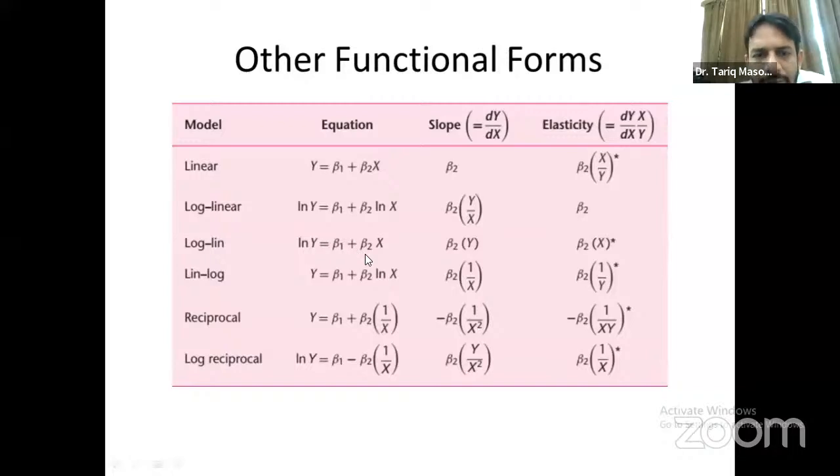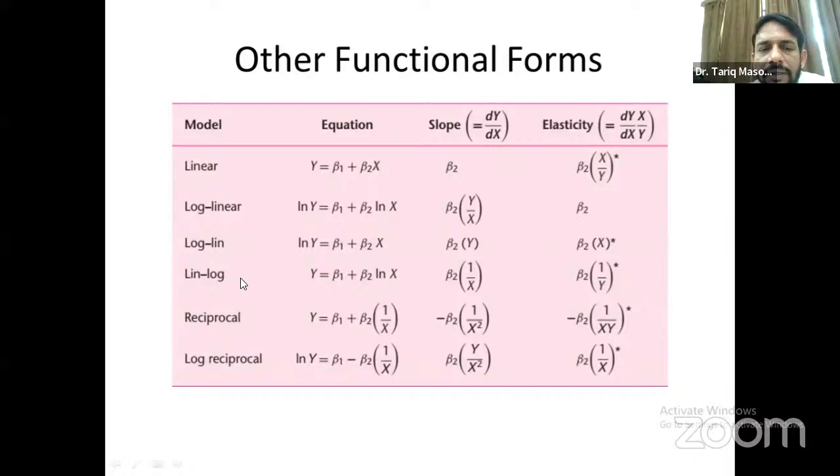Now in this case, the interpretation is, when there is a 1 unit change in x, we are using unit because there is no logarithmic transformation of x. So when there is a 1 unit change in x, there is a beta 2% change in y. Now for y, we are using percentage because y is in logarithmic form. So when there is a 1 unit change in x, there is a beta 2% change in y.